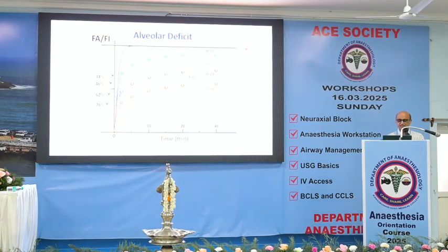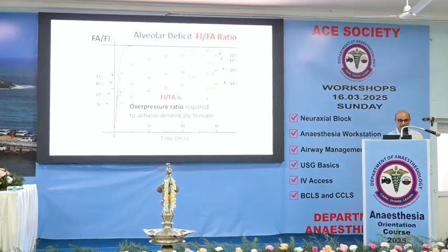The second part is the alveolar deficit. We talked about these plateaus, right? We were talking about blood gas solubility, but look at the alveolar deficit which is happening. Alveolar deficit means it is not FA by FI, it is FI by FA. The alveolar tension is what is required to control the plateau height, and that is where the overpressure ratio is required, the ratio between inspired concentration and the alveolar concentration to get a desired alveolar tension.